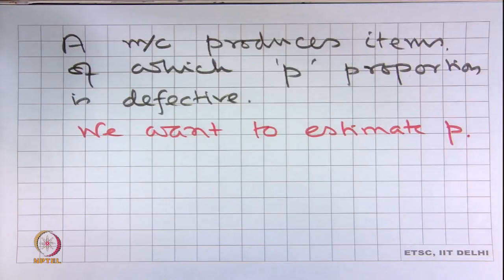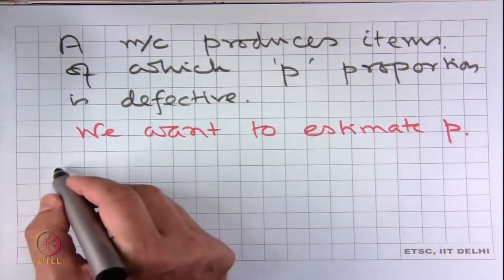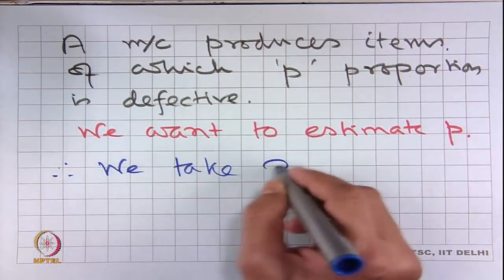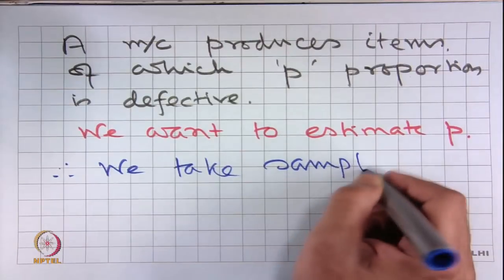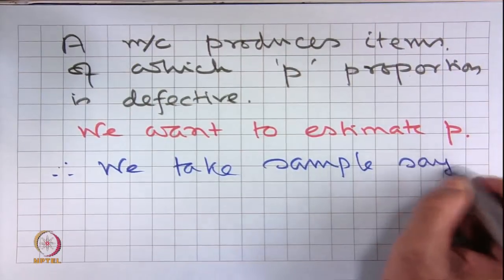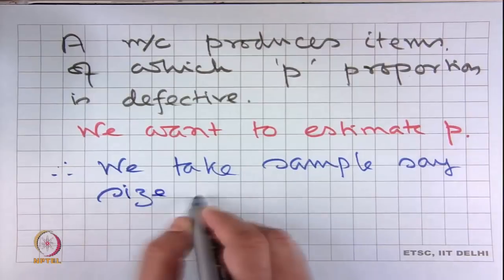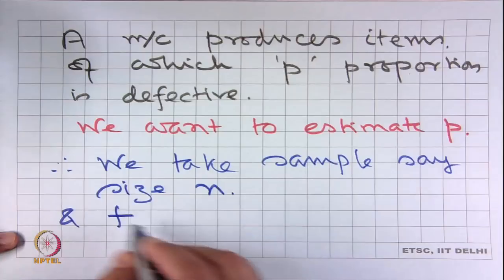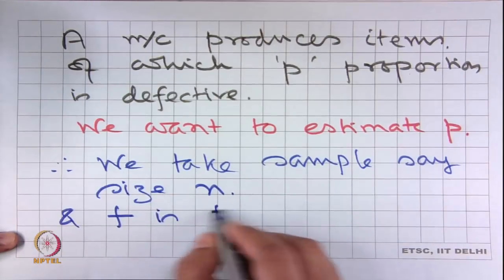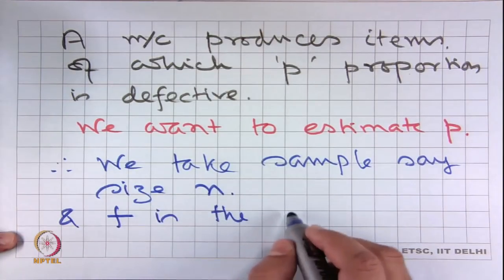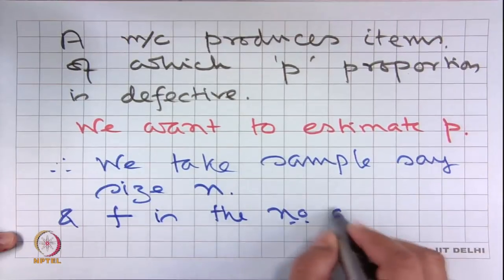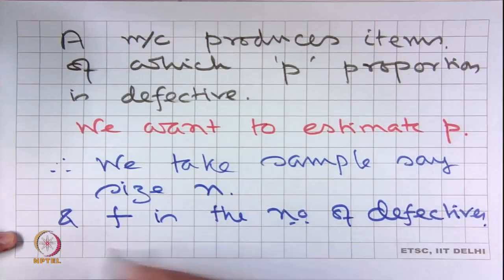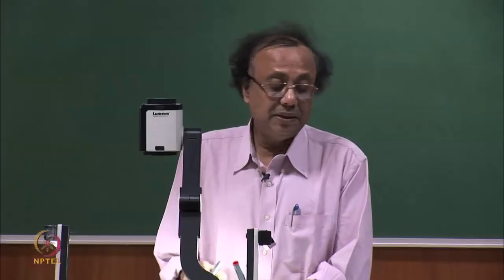So, what is done? We take a sample of size n, and f is the number of defectives. Our aim is to estimate p.